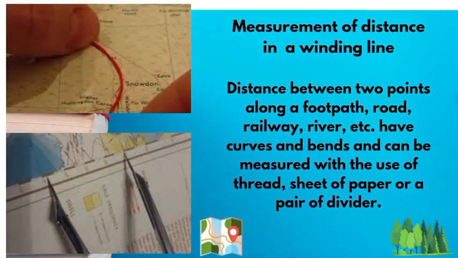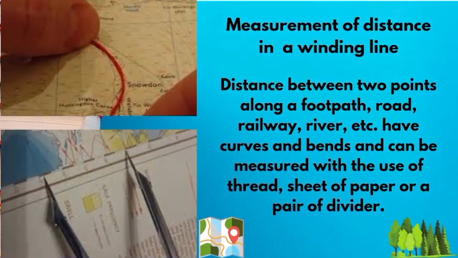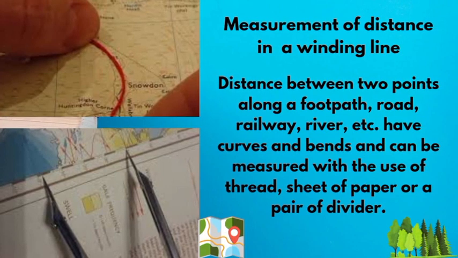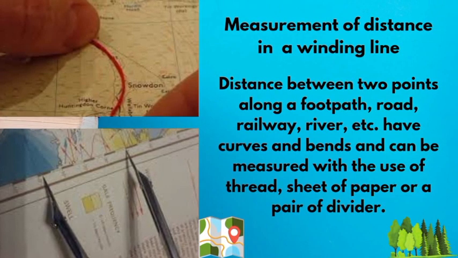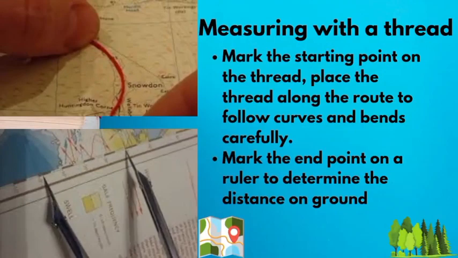The measurement of distance in a winding line is the second form of measurement of distance, and also the distance between 2 points like a river, a pathway, a road, a railway can be measured using your thread, your sheet of paper, or a pair of divider. Here are the steps to be used.